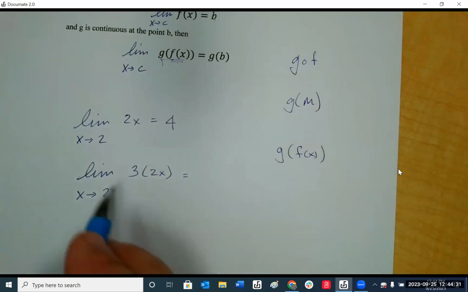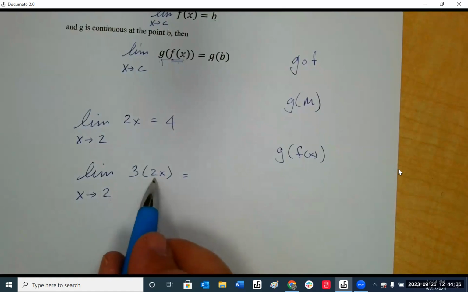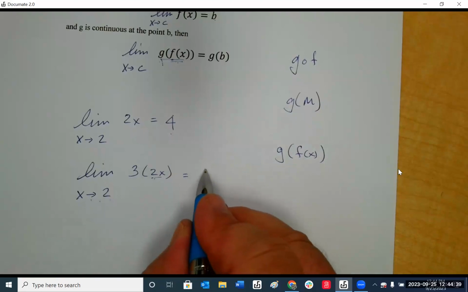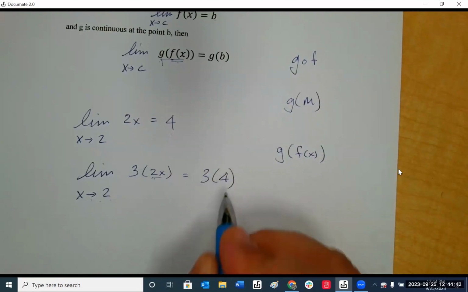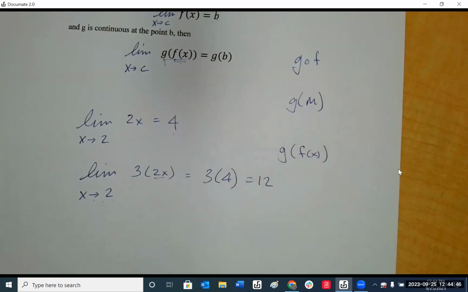So the first thing I do is I know the limit of 2x as x approaches 2 is 4. And that equals 12, and that's the limit of it. That's all there is to it.